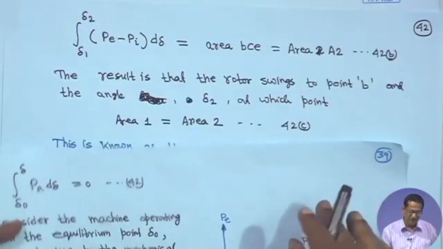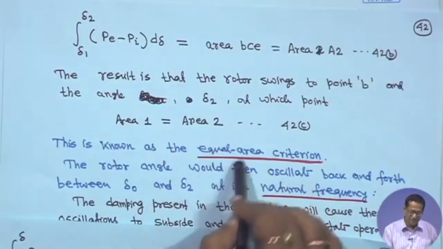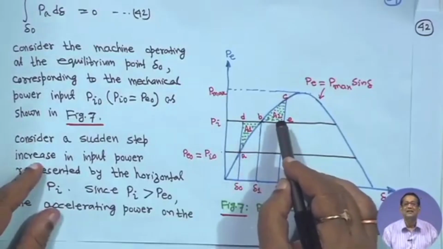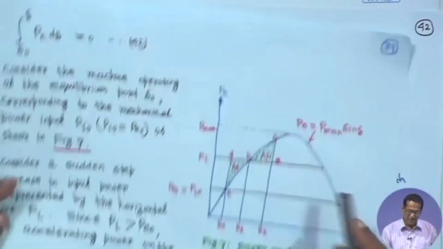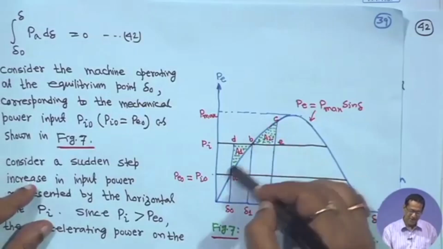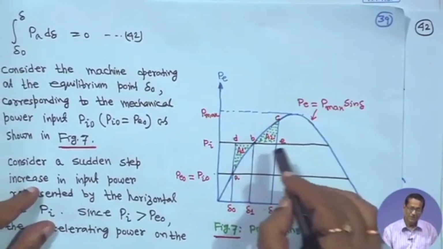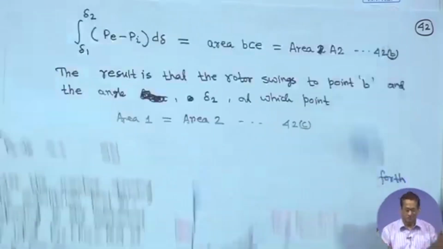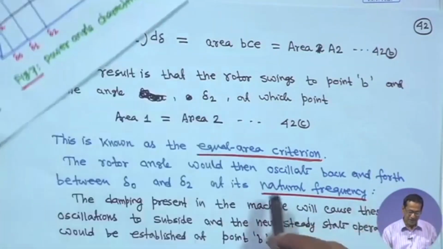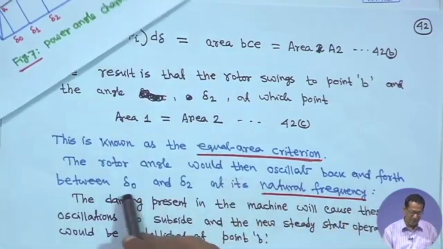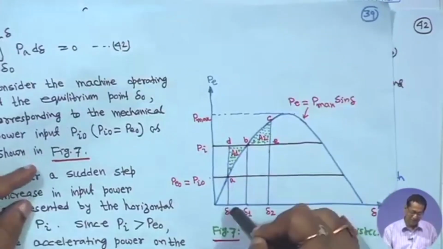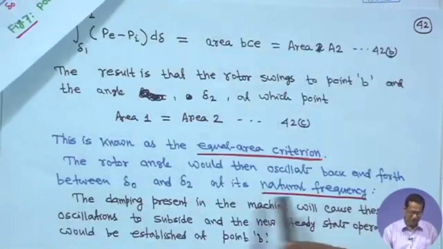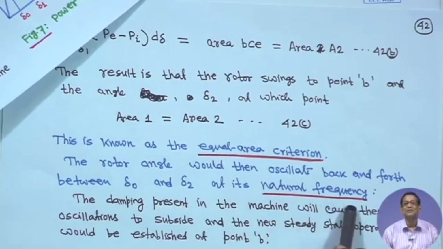Ultimately, this is known as the equal area criterion. This is area 1 and this is area 2. Actually it will swing back and forth, and because of the machine damping, finally after some time it will settle to point B. The rotor angle would then oscillate back and forth between delta 0 and delta 2 at its natural frequency.